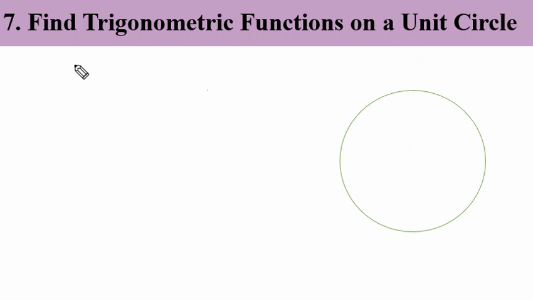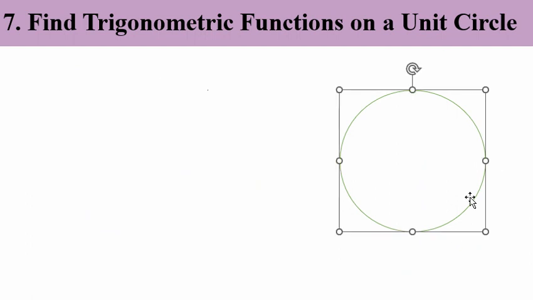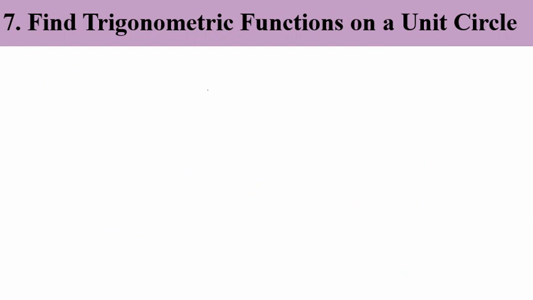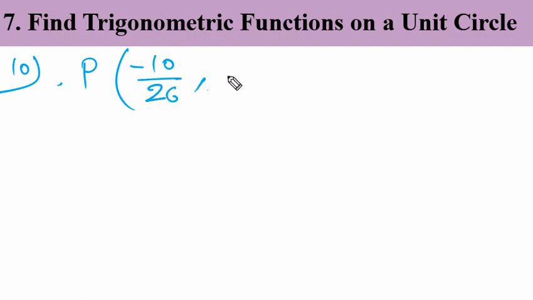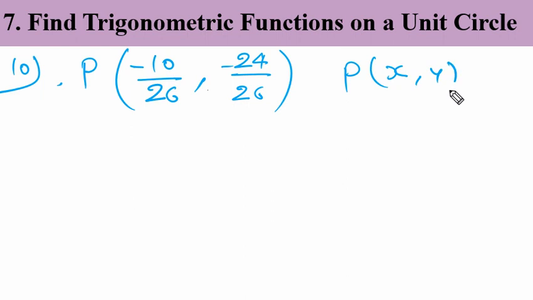Let's try some more questions. Now let me remove this circle because we will not need that. Okay, next question we have this one. The coordinates of point P are negative 10 over 26, negative 24 over 26. Now we know that P is x comma y, and for a unit circle we can also write cos theta and sine theta, right?